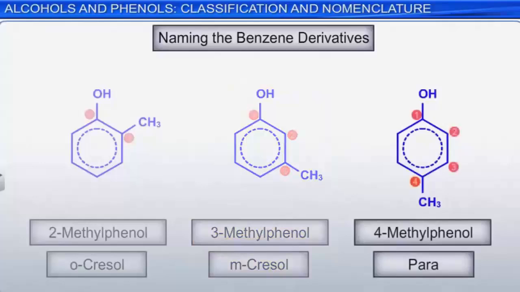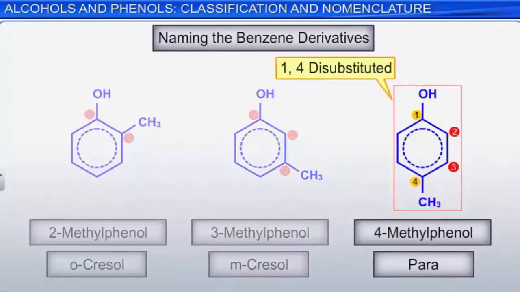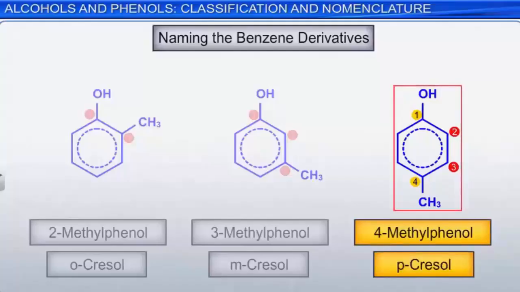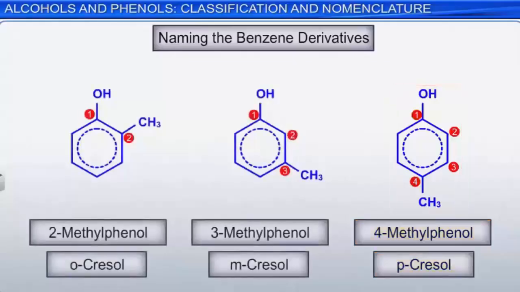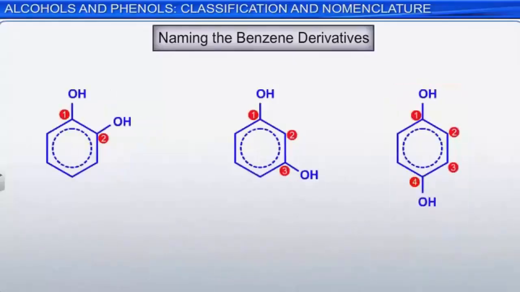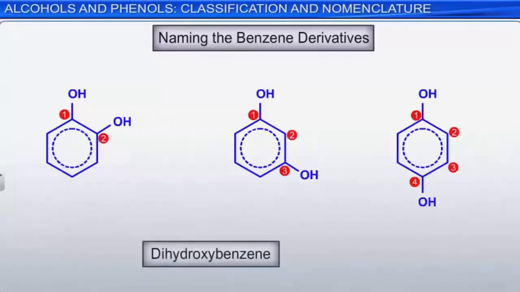Finally, the prefix para is used for 1,4-disubstituted benzenes. Therefore, 4-methylphenol, shown on the right, is also called paracresol. In IUPAC nomenclature, dihydroxybenzene derivatives are named as diols.